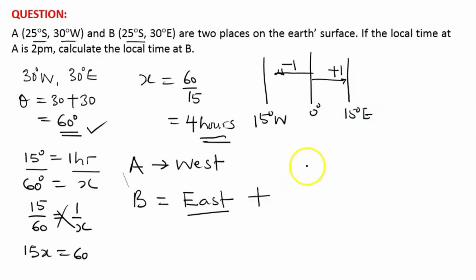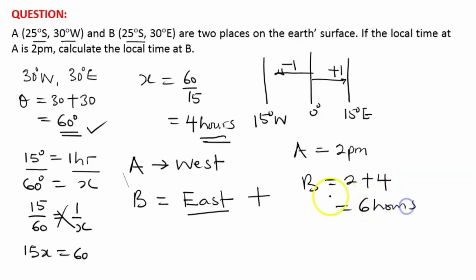So if the time at A is 2 p.m., and the time difference is 4 hours, then that of B is going to be 2 plus 4, which is going to be 6 hours. And what is that going to be? From 2 p.m., 6 hours later is going to give us 6 p.m. Do you understand now?